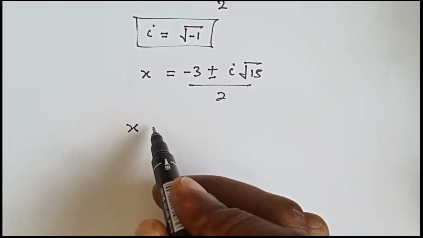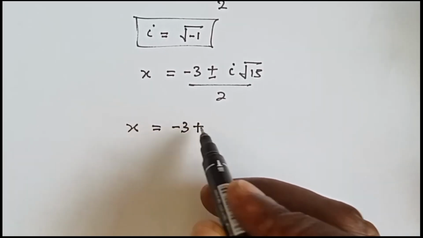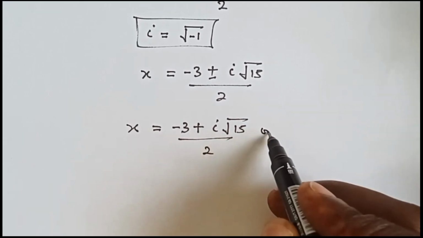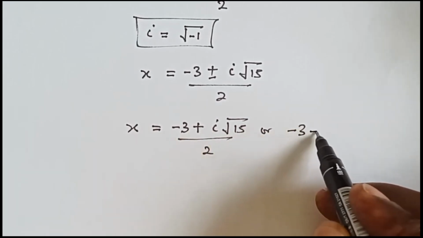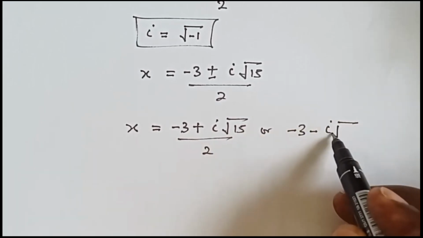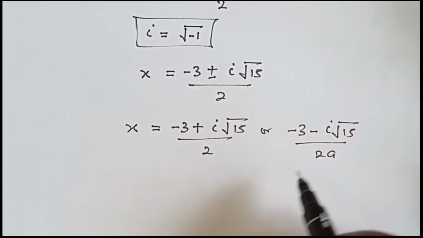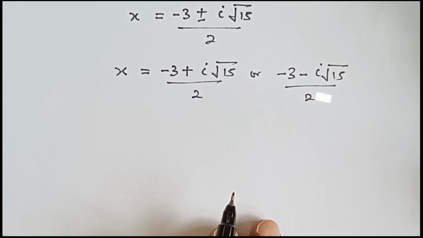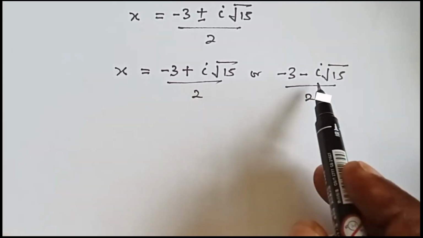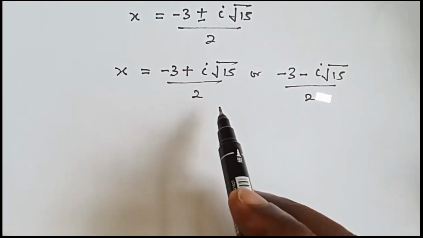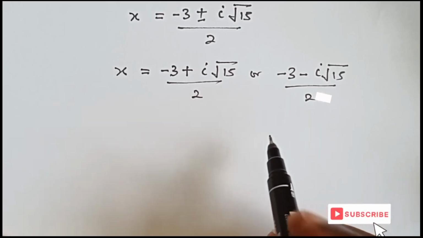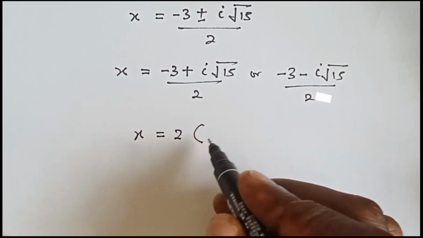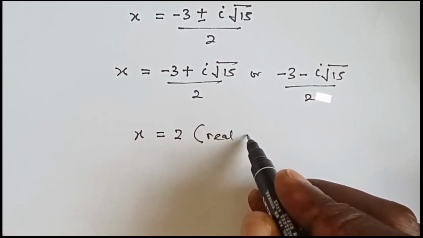So x can be equal to minus 3 plus i square root of 15 over 2, or it can be minus 3 minus i square root of 15 over 2. And finally, let's write out all our factors. These ones are complex solutions. We have one real solution and two complex solutions. So x equals 2, that is the real solution.